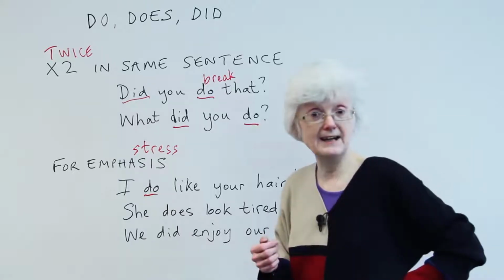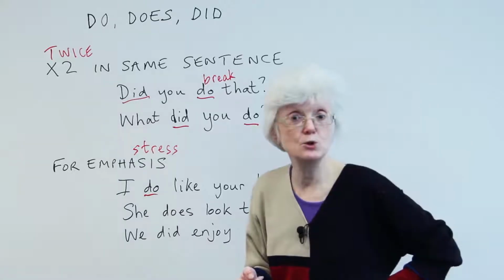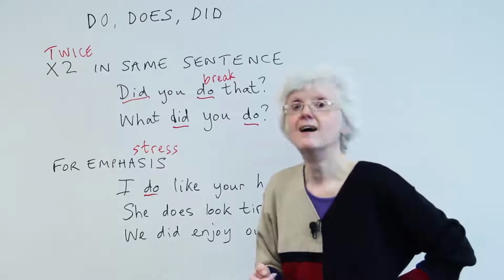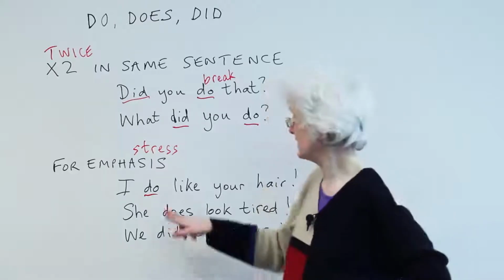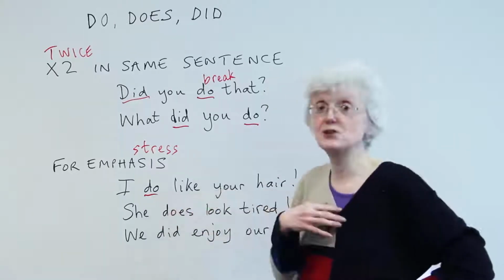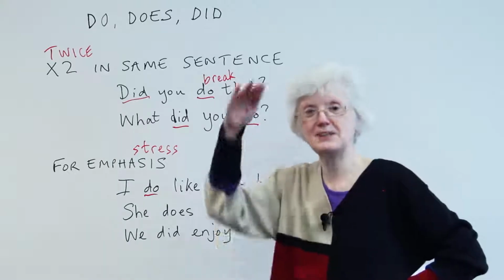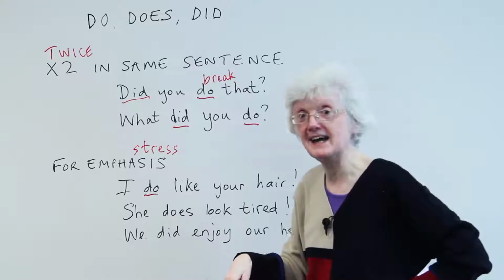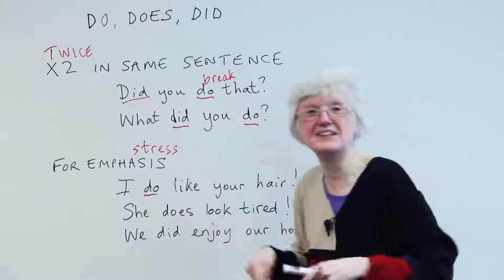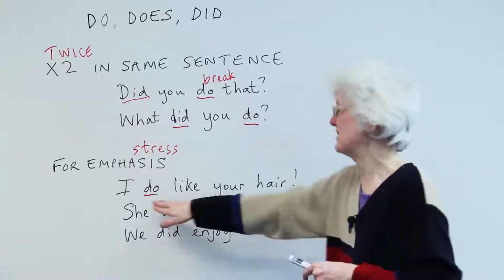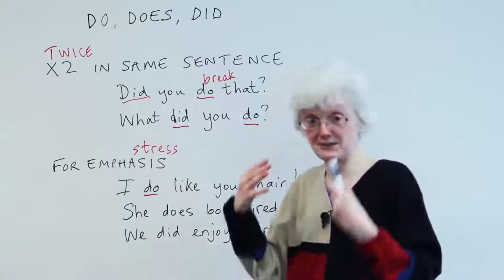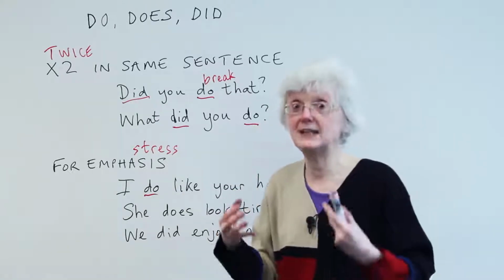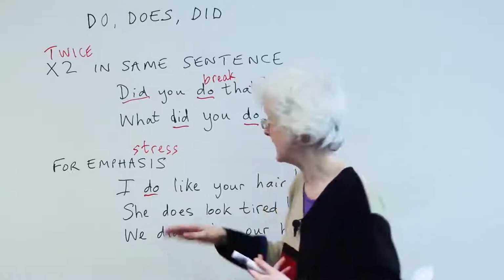Oh, I like your hair. But if you say, I do like your hair, isn't it lovely? And so the do, you say do, your voice goes up and down, do, I do like your hair, and hair goes up and down as well. So that just emphasizes the fact that you really, really, really do like the person's hair, okay?